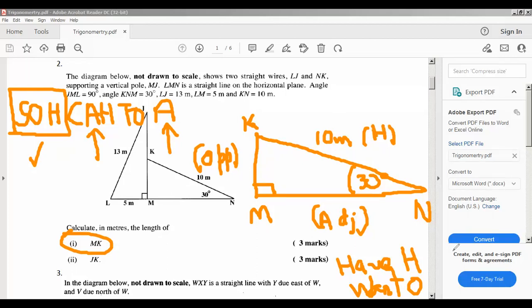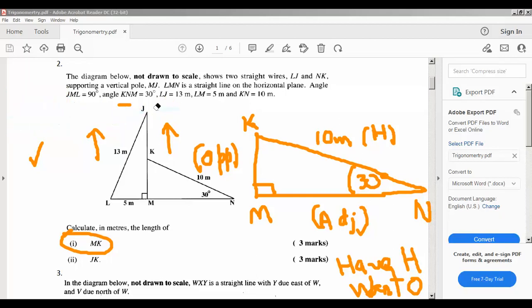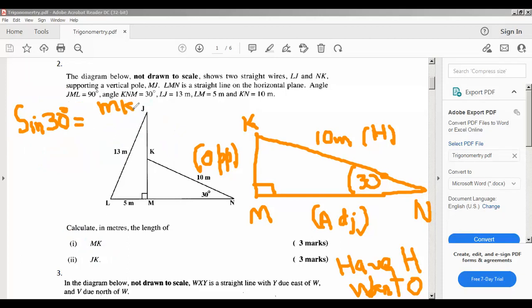All right, so now that we know that we're going to use sine, let us work with it. I'm going to erase this because of space. Sine of an angle, so the numerator will be opposite, which is MK, divided by the hypotenuse, which is 10.